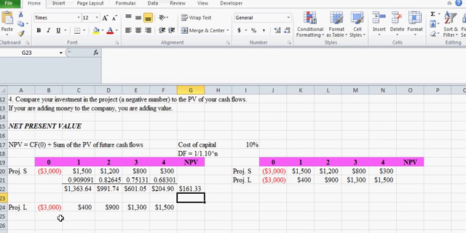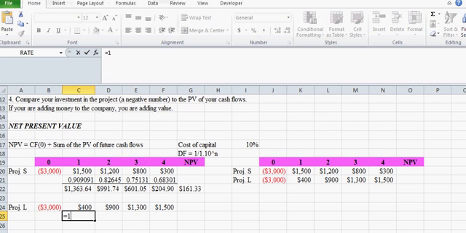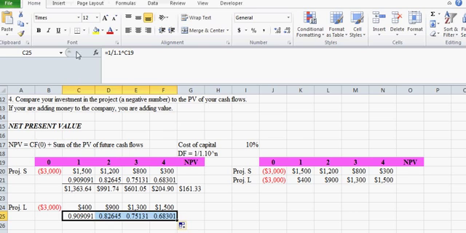So we'll just repeat that really quick down here with Project L. So these stand for 2 different projects. So 1 divided by 1 plus the 10% discount rate raised to the power of the first year, and then again for each of the other 4 years.